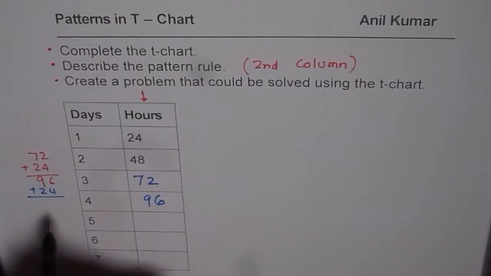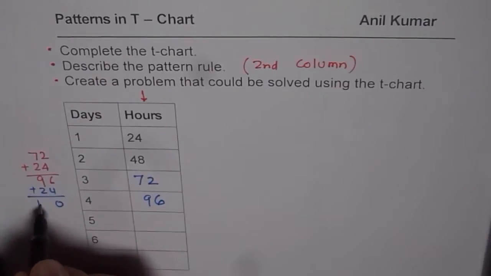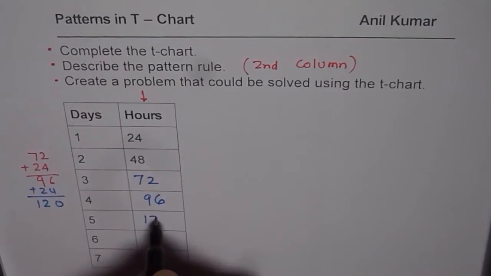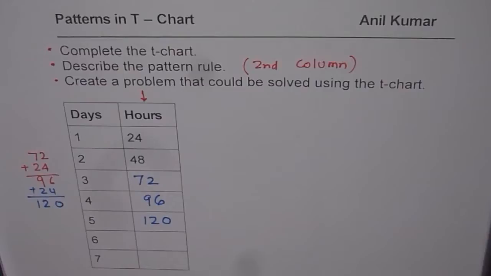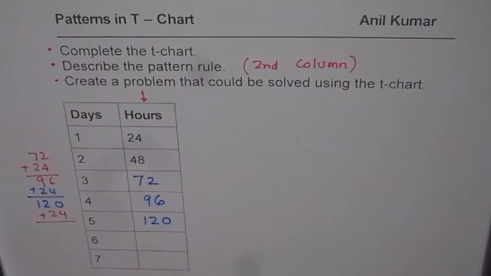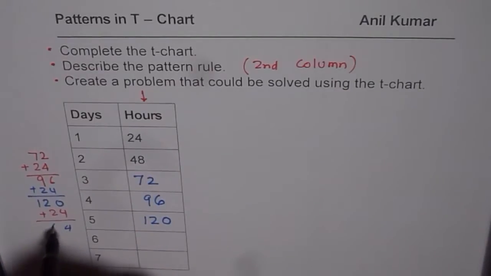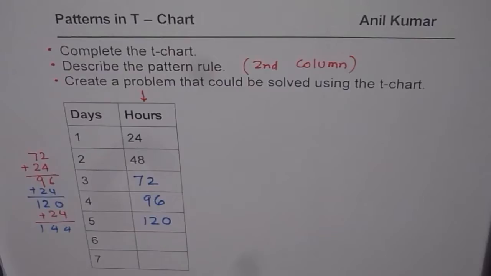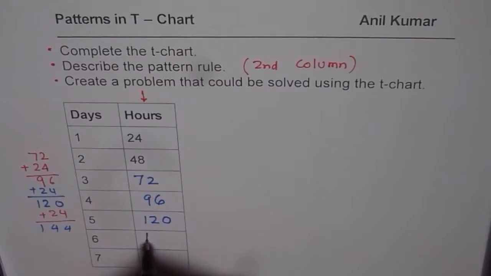When you add 24 to 96, 6 plus 4 is 10 and 9 plus 2 is 11, plus the carried 1 is 12. So you get 120. Now let us again add 24. Keep on adding 24 and you get the next number. So it is 4, 4 and 1, you get 144.